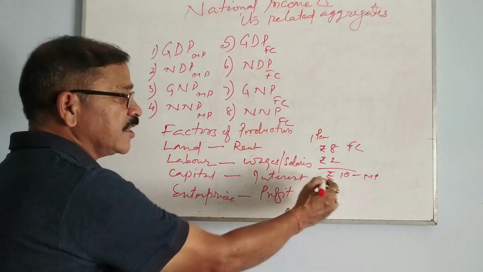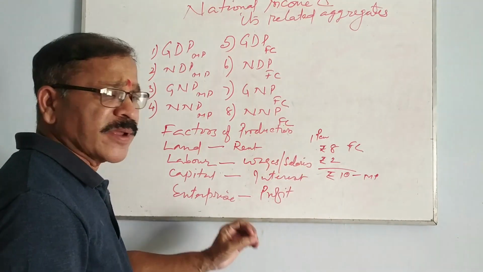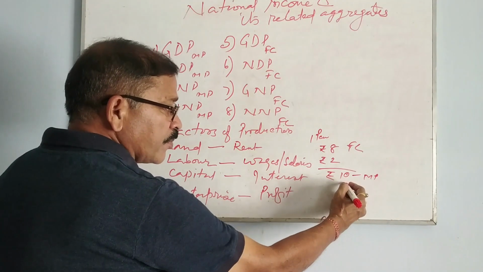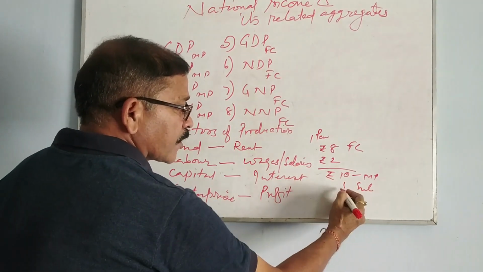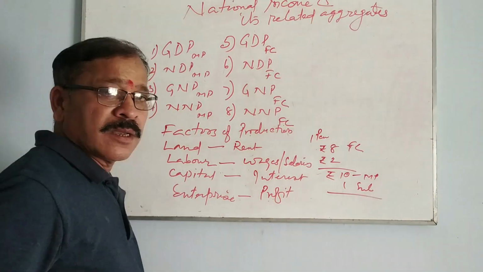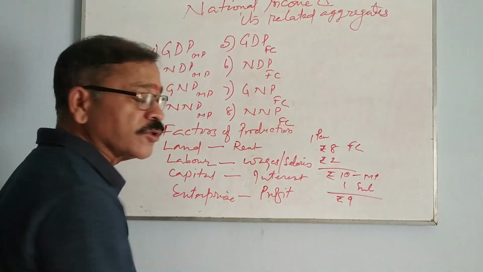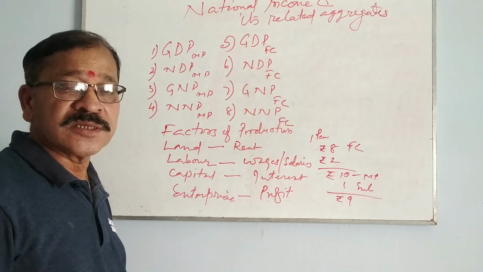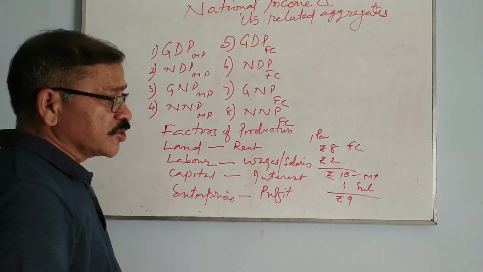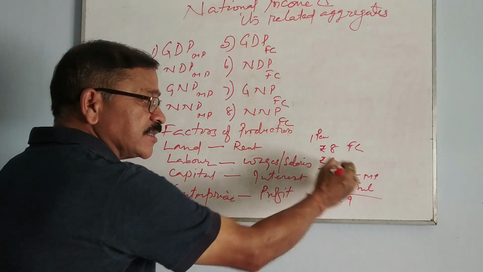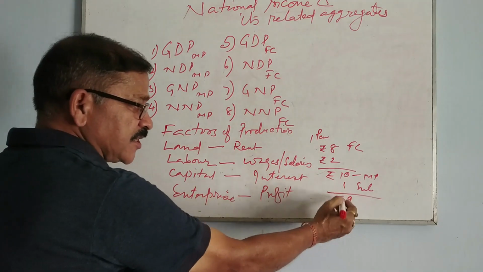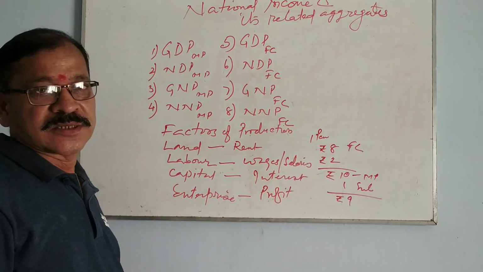So suppose in my pen, 1 rupee is given as subsidy. So now the price of the pen comes down to 9 rupees. So the market price is now 9 rupees. So taxes increase the price and subsidies decrease the price.